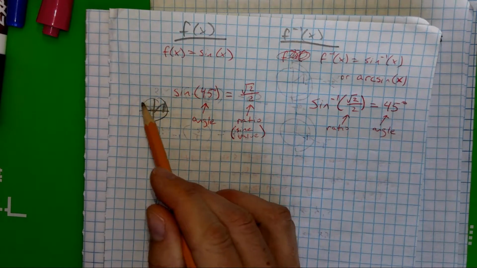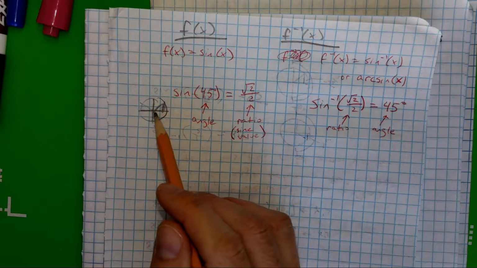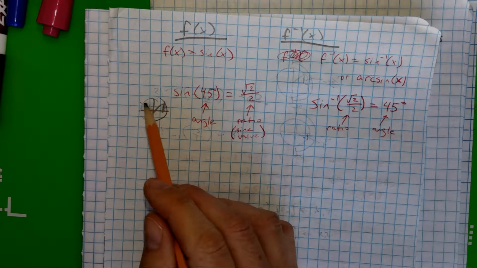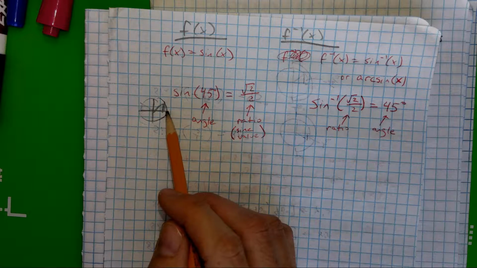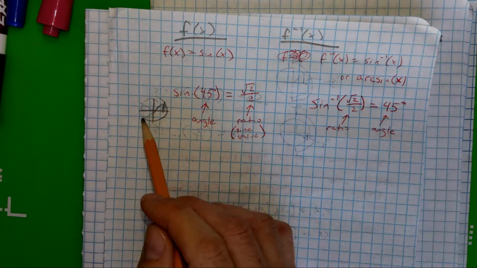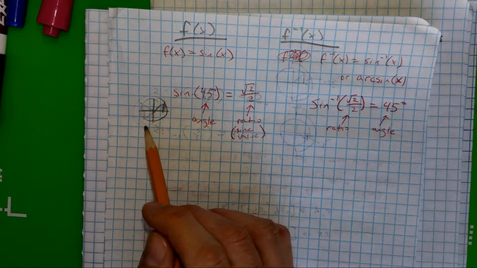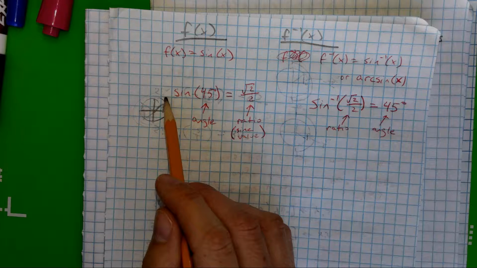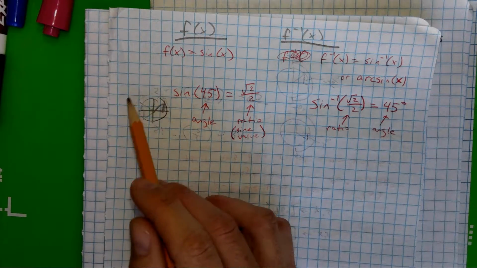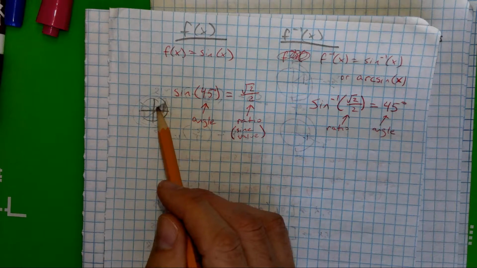Yeah, 135 would have the same sine value. Is that the only other angle? No. 225 would have a negative square root of 2 over 2 as a sine value. But what if I take 45 and I wrap all the way around the circle and get back to the same spot? 405, at 360 plus 45, that angle would have the same sine value as well.